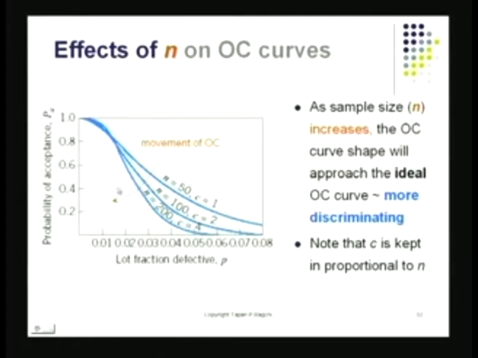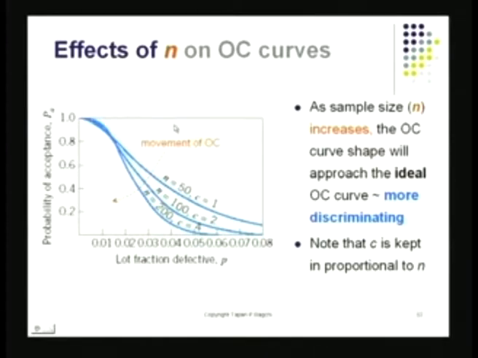So it moves this way, which is like it becomes better and better from the perspective of, here we've got RQL, and the guy who is most concerned with this is the consumer. So it's better for the consumer to take a large sample. Remember this now. It's better for the consumer to use large sample in sampling.